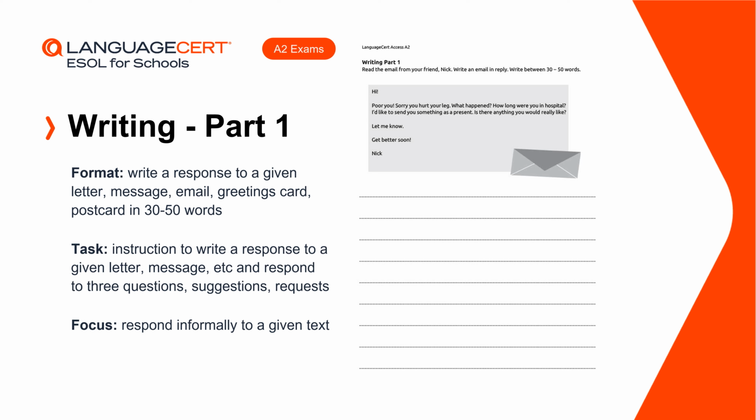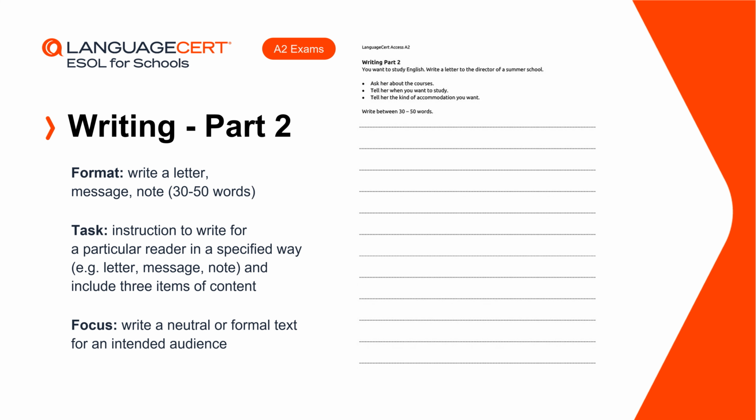The text includes 3 questions, suggestions, or requests they will need to answer or refer to. What this part assesses is their ability to respond informally to a given text.